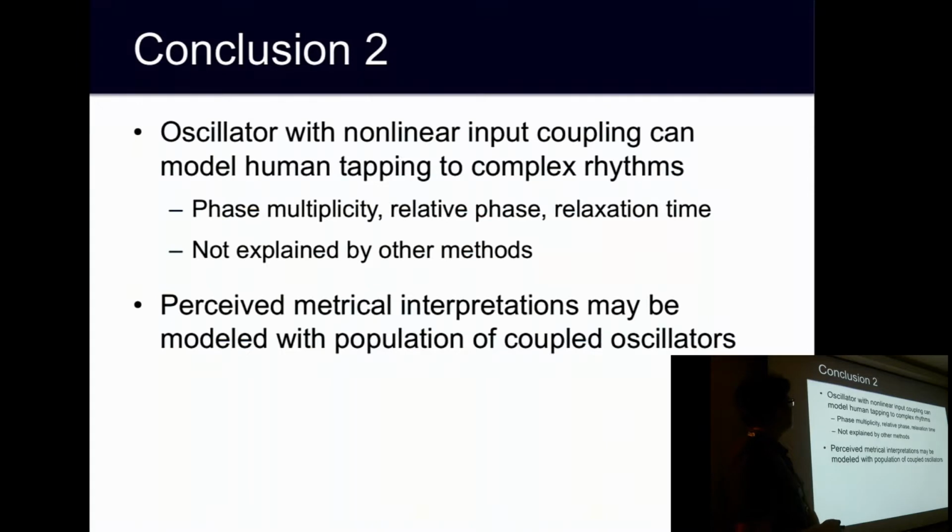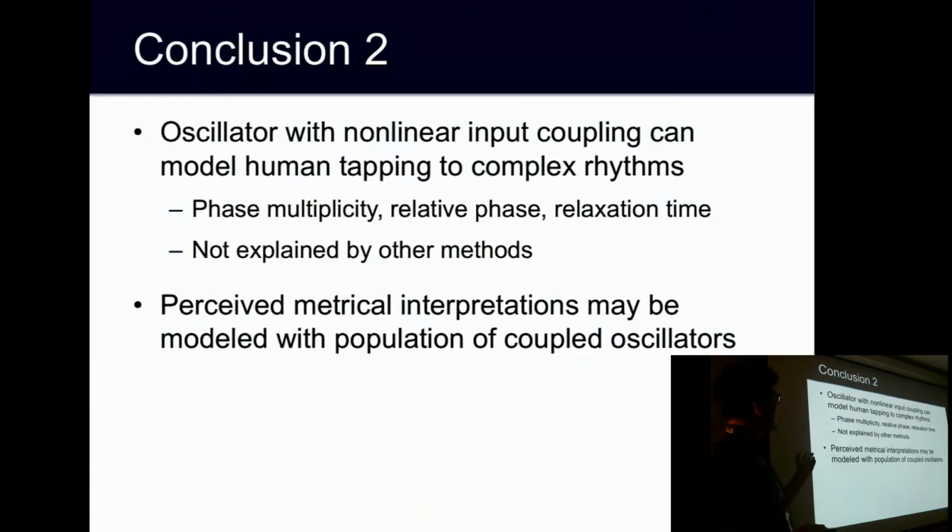So here's the second conclusion. Oscillators with nonlinear input coupling can model human tapping to complex rhythms. Especially, we saw that phase multiplicity, relative phase, and relaxation time can be explained by the oscillator models, but these are not really explained by the other method.